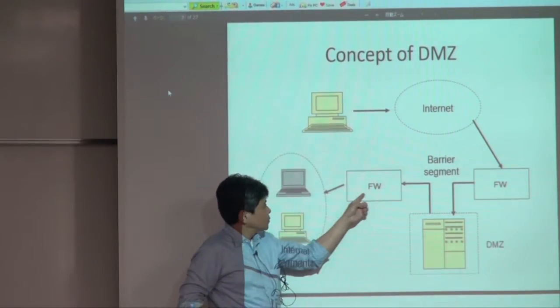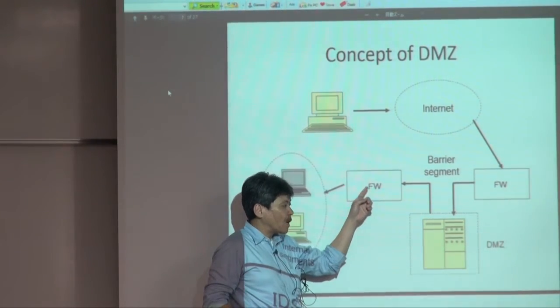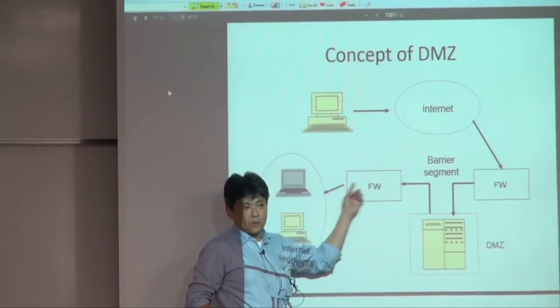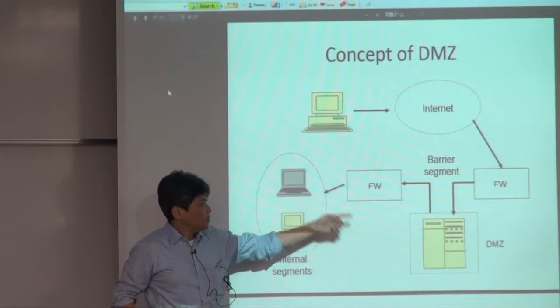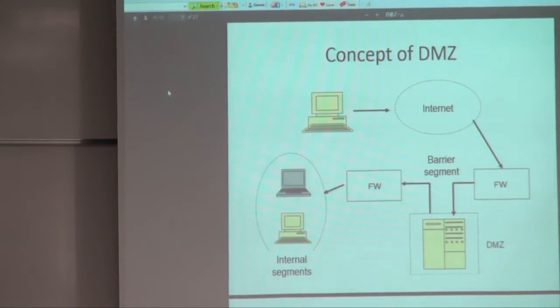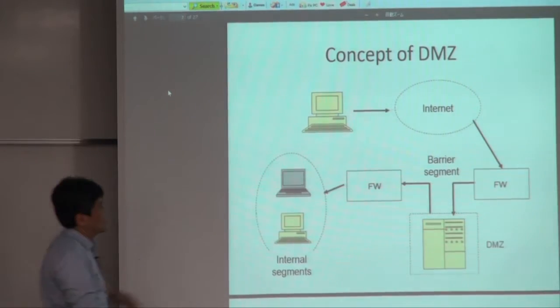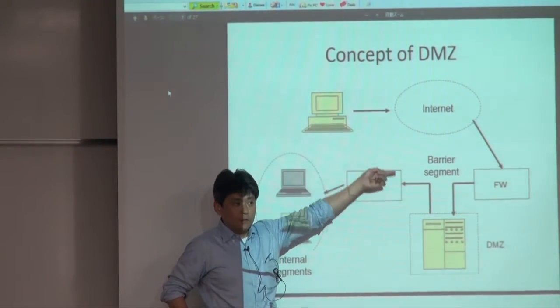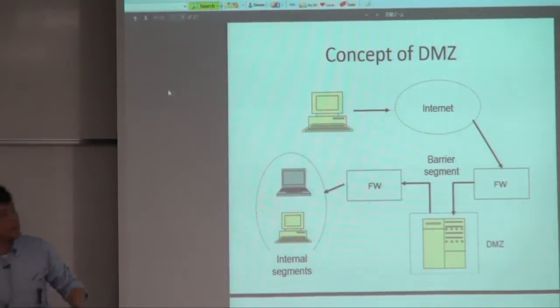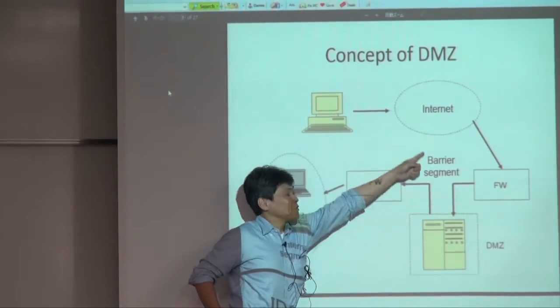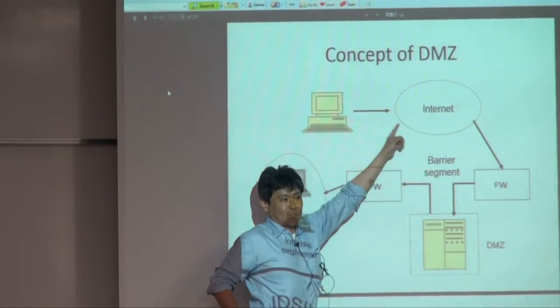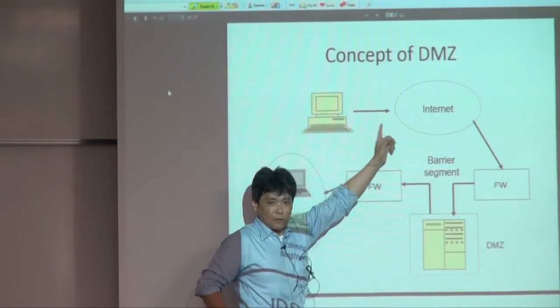So this firewall allows any access in this communication. However, these communications are not allowed. Especially this directional access is not allowed. This directional access, of course, is allowed.